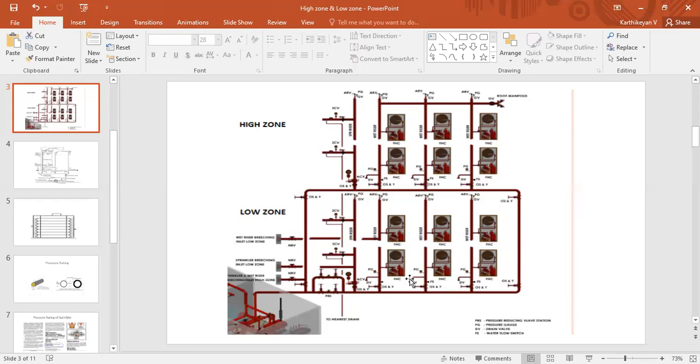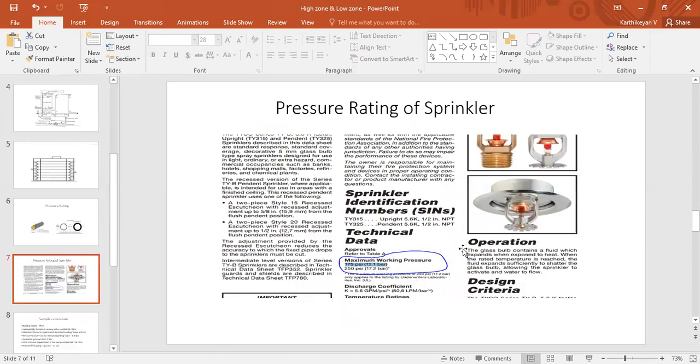So here the question arises, why is it 12 bar actually? This is a sprinkler system data sheet. The maximum working pressure of a sprinkler is 12 bar, 12.1 bar here. This is an FM approval. Whatever sprinklers are available in the market, you can see the working pressure as 12 bar.